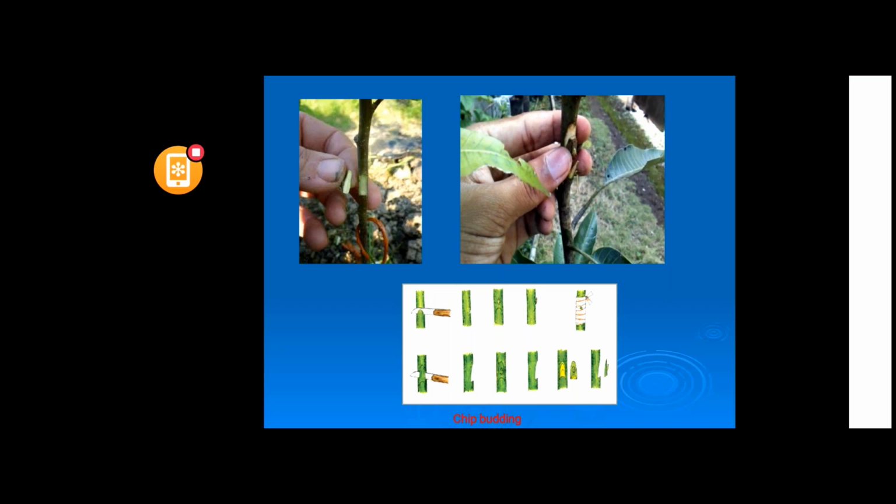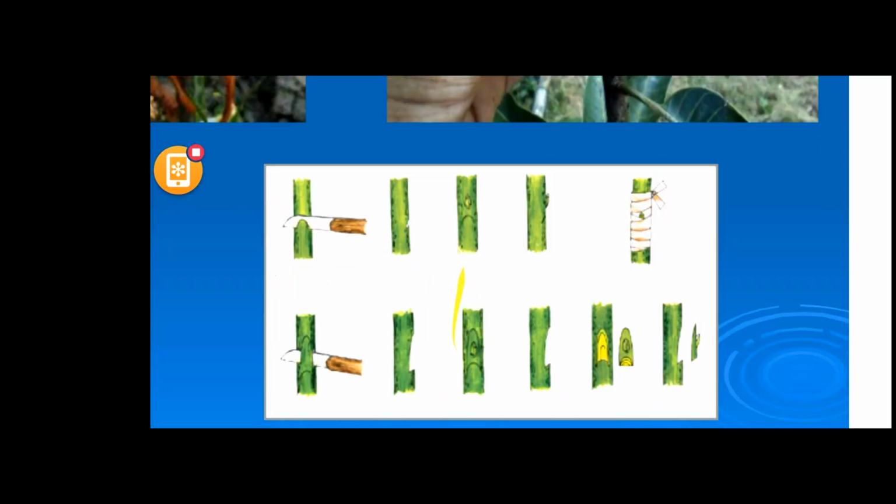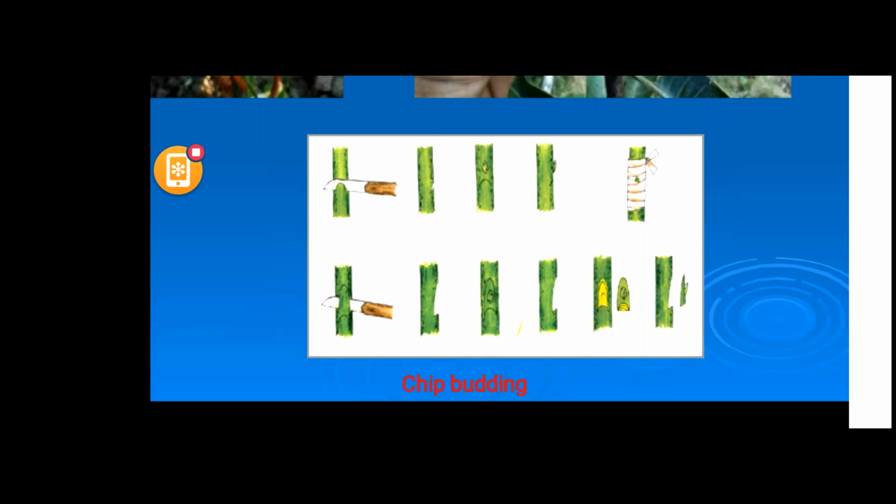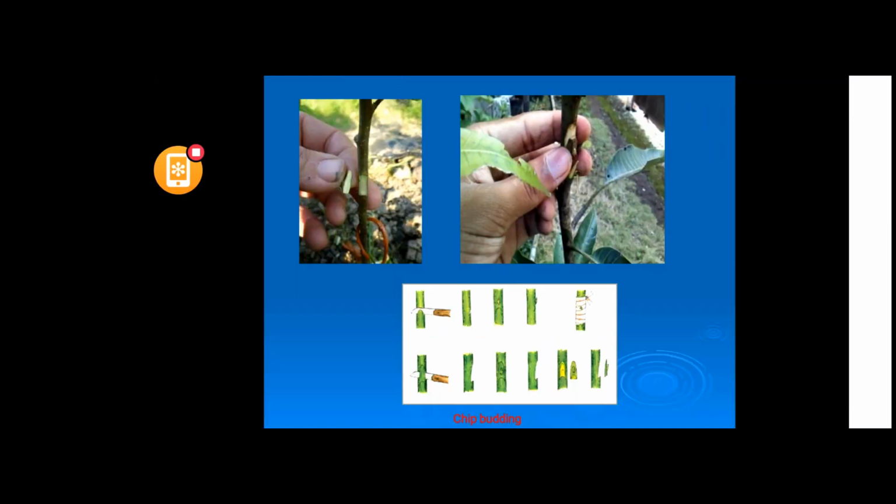Then you keep the bud of the same size, 2 to 3 centimeter or 3 to 4 centimeter, whatever the size, put it here, and like this you can do the budding. Chip budding can be practiced anytime, like grafting.